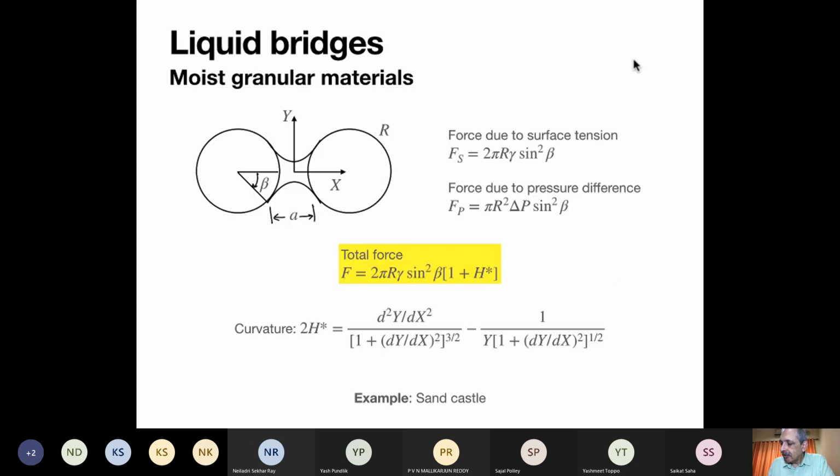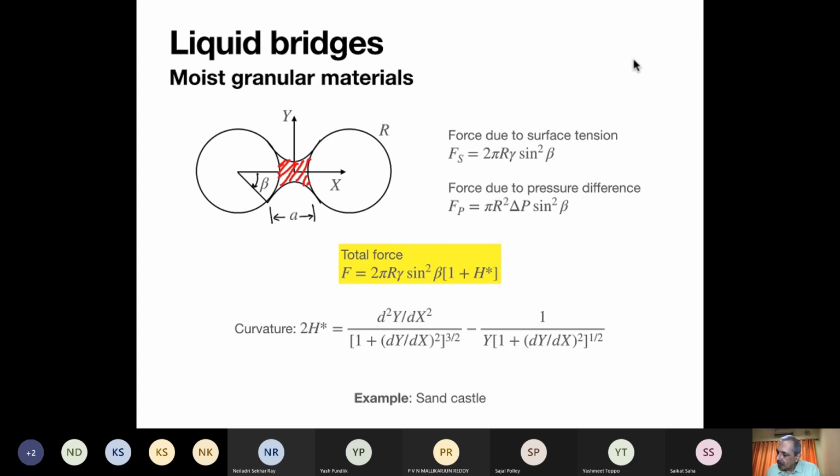And the third one, which is also very common, is the cohesion due to liquid bridges. If your material is slightly moist, hygroscopic and so on, then you can actually have tiny droplets of water which act like a bridge between the particles. And then if the particles want to separate, there is a force that acts on them.